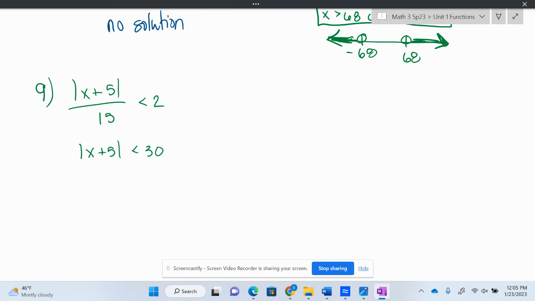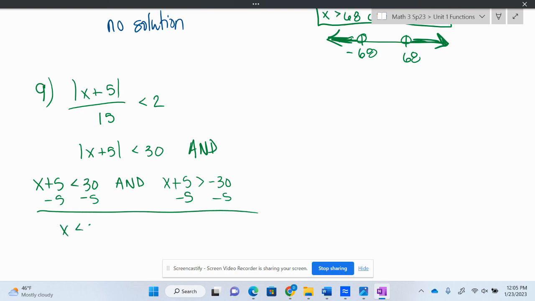This is a less than, so this is an and. So my first one, x plus 5 is less than 30, and x plus 5 is greater than negative 30. I'm going to subtract 5 from both sides of both inequalities.